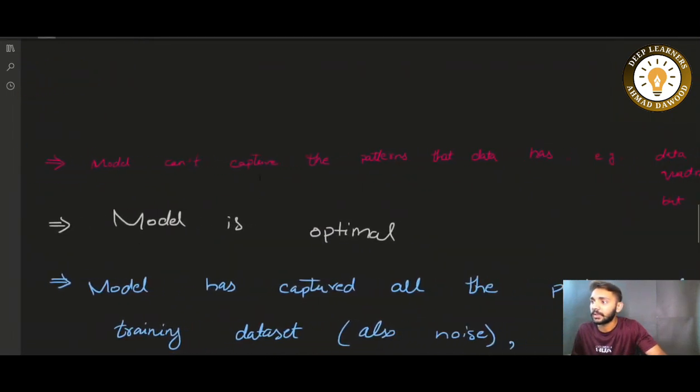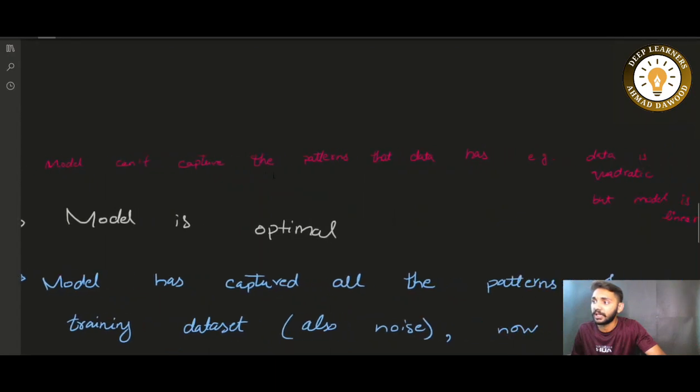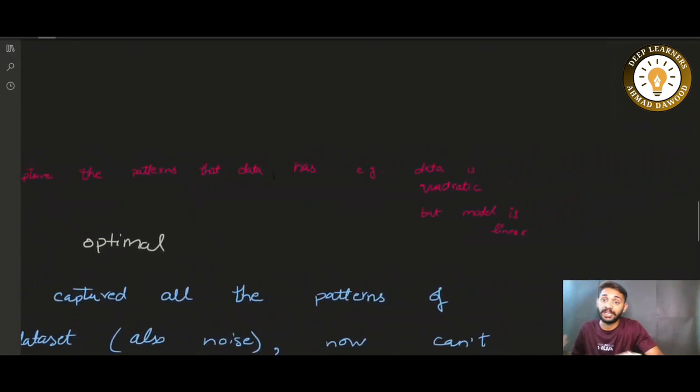As I told you last time, your data set has some complexity: the relation between independent variables and the dependent variable can be linear, quadratic, any type of polynomial, or any type of non-linear relation.